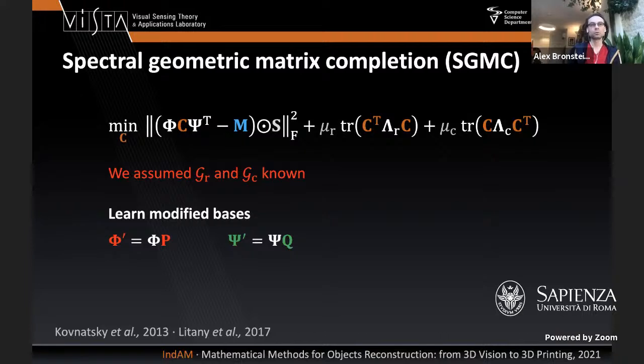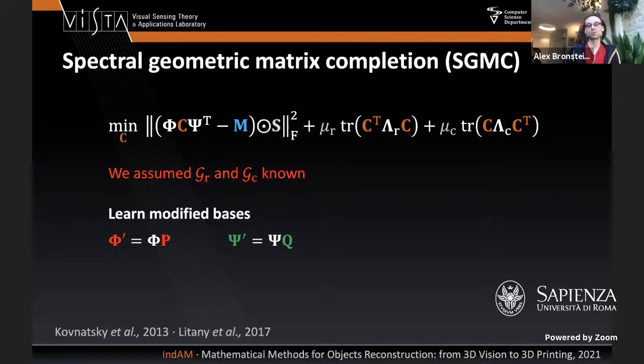So the way I'm going to do it, and again, this is very much related to what we've been doing with shape correspondences, I'm going to learn the modified basis for the graphs. So instead of just taking phi and psi from my input graphs, I'm going to learn phi prime and psi prime that is going to be obtained by an orthogonal transform of the two original bases.